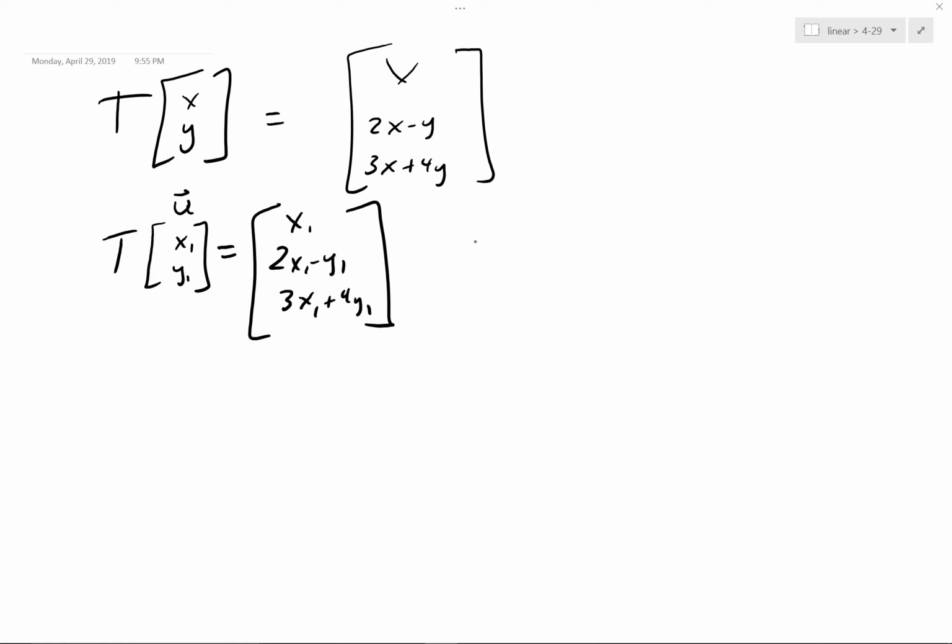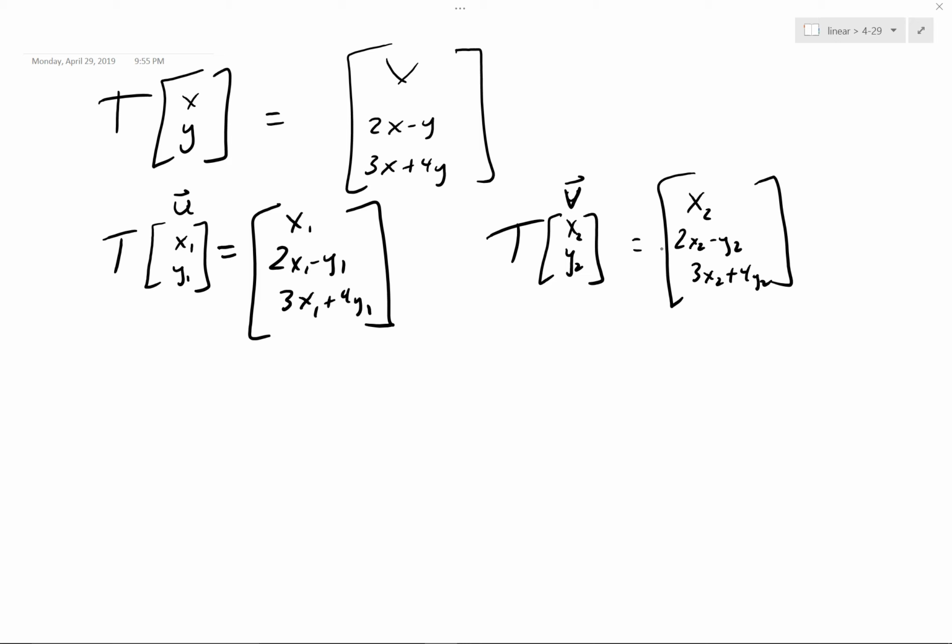And then, of course, T of v would be equal to x2, 2x2 minus y2, 3x2 plus 4y2. And so if I add them together, linear says this plus this better be the same. Well, let's do that.